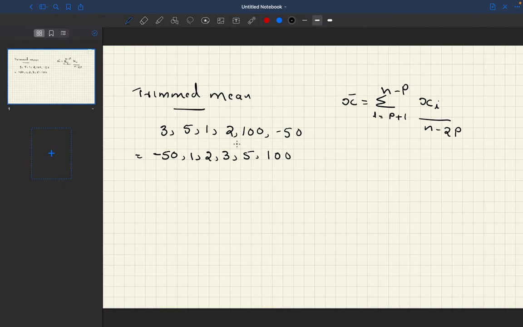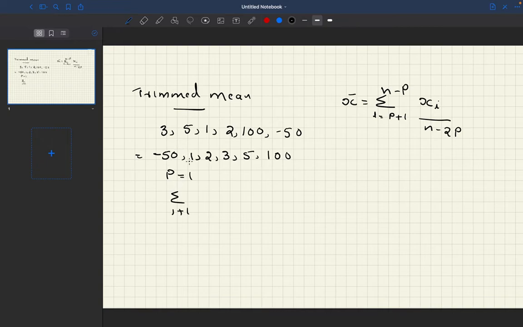By analyzing the data, we know that minus 50 and 100 are kind of outliers. So here, for example, we are setting p equal to 1. If p is equal to 1, just apply the formula: sigma from i = 1 plus p to n minus p of x of i divided by n minus 2p.